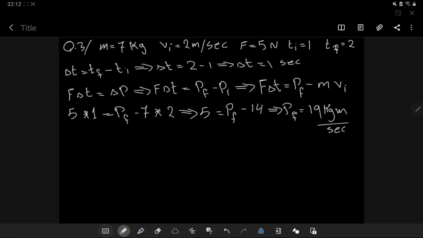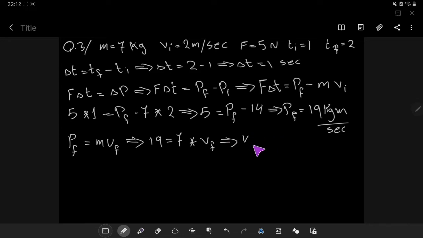Now we found the final momentum. After that, we have the final momentum equal to m v final. So we have the momentum, which is 19, equal to the mass, which is 7, multiplied by v final. V final, we need to find it.